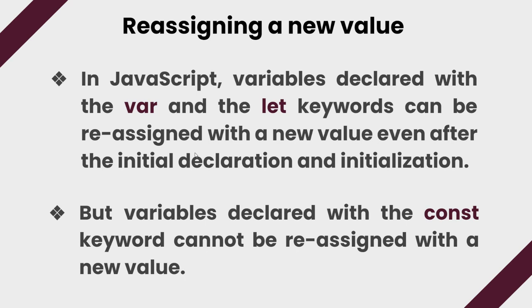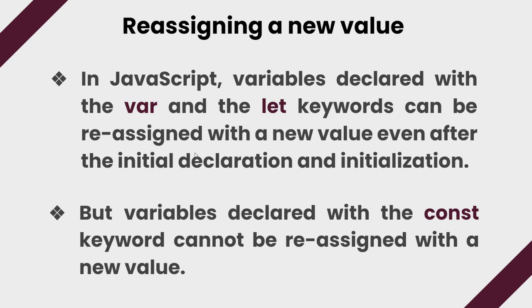And you can also change the value to a different type, and that's because JavaScript is a loosely typed language. That means the data type of the value you assigned the first time isn't tied to that variable name. The variable name can always accept any other type of value.